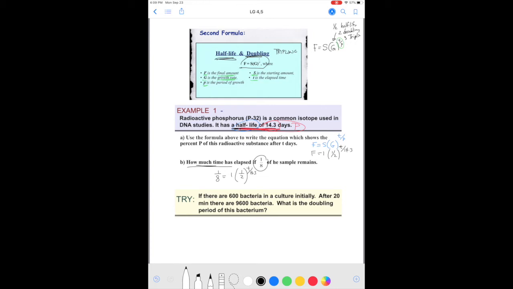14.3. All right, so now I'll just quickly go through base change because we're going to get to that pretty soon. This is a pretty easy one I can show you. I'm going to change 1/8 to a half by cubing it because I know 1/2 times 1/2 times 1/2 is 1/8.